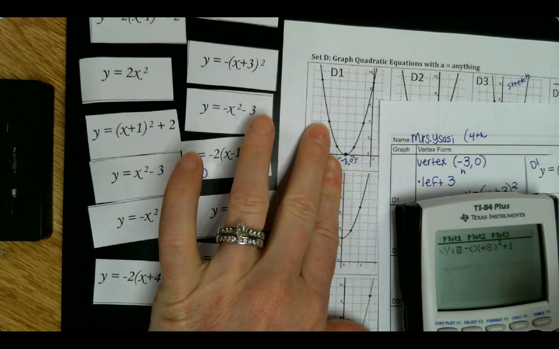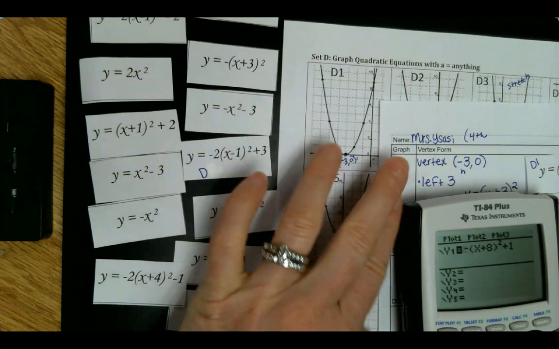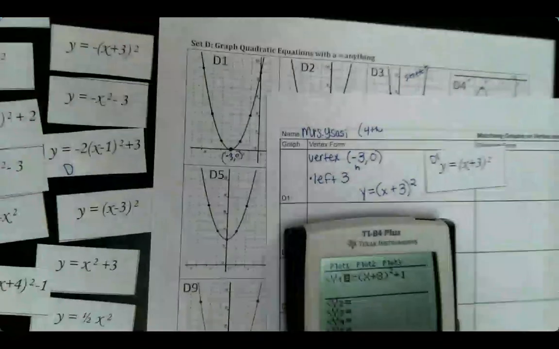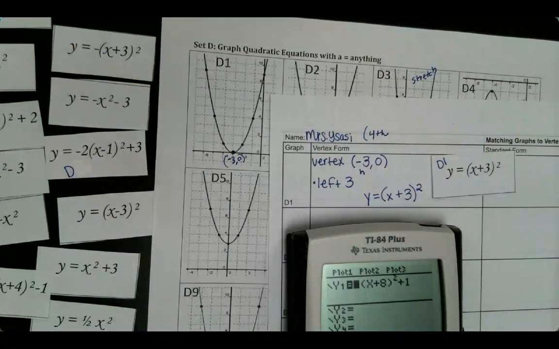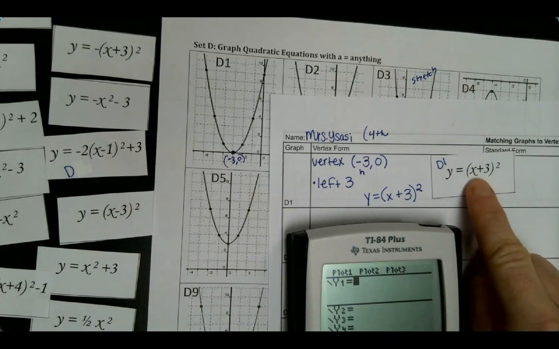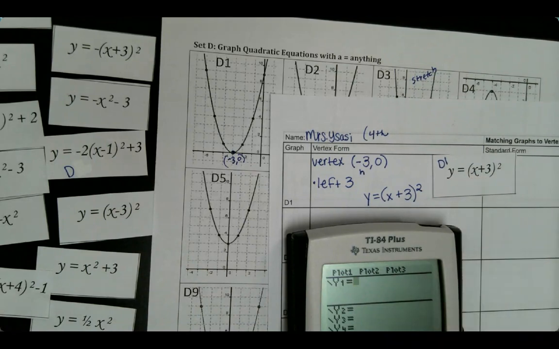So y equals. I'm going to clear out what's in there and put in what we think is correct. So x plus 3 squared. Got it in? Now hit graph.